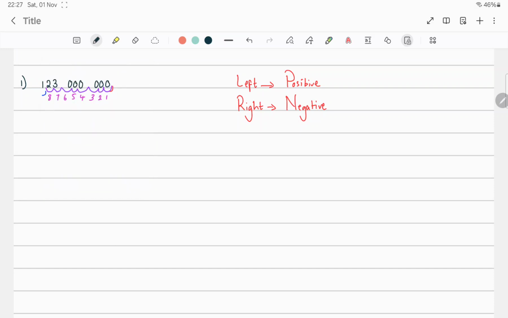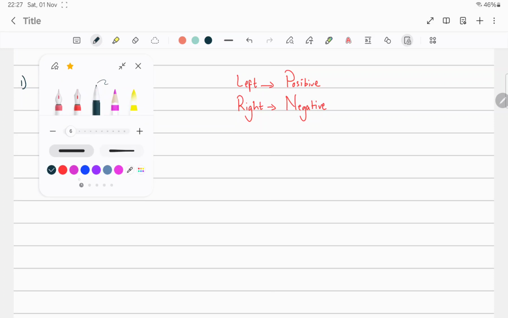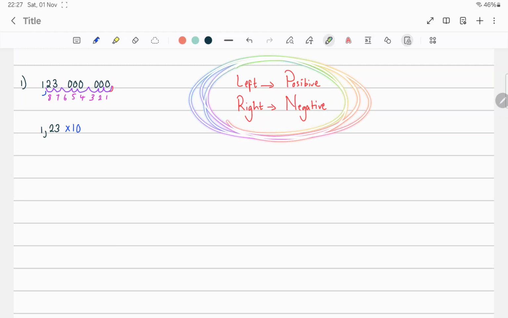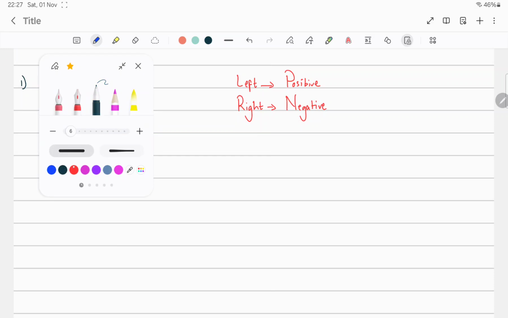So now, when we write it in scientific notation, we're going to say 1, 2, 3. And after this, very important, times 10. And now remember the exponent I was talking about. The exponent follows this. By how many places did we move the comma?